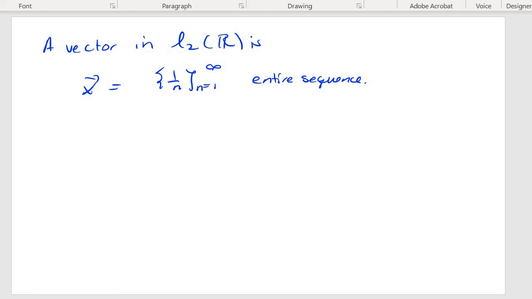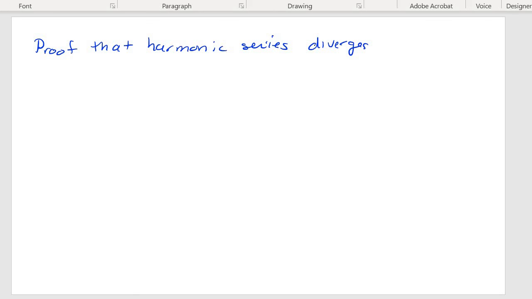If you go look at any calc book, they have exactly the same material, and it's defined as partial sums converging. Partial sums are sequences. So when you guys talk about series, they're the same as sequences. They're exactly the same. They're not different. So I just wanted to show you that the harmonic series diverges.